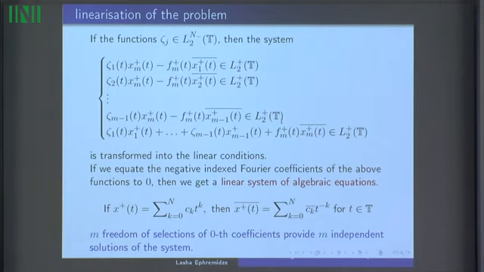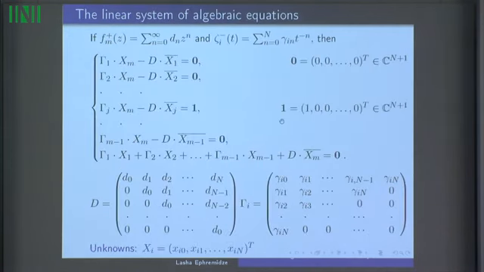We rewrite the condition that Fourier coefficients with negative index are equal to 0, and for the 0 Fourier coefficient we have the freedom to select a non-zero term here, and the condition will be translated into a linear condition. In block matrix form, this condition looks like this system. Here, under this notation, these matrices are given in this form, and X is this column matrix, and this system of equations looks like this.